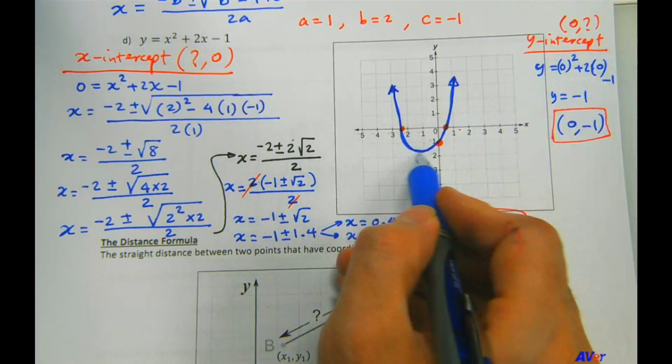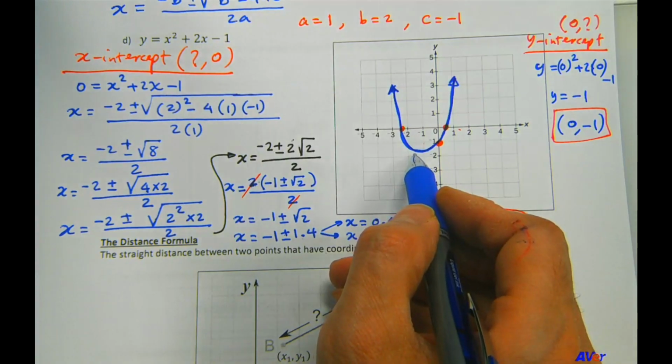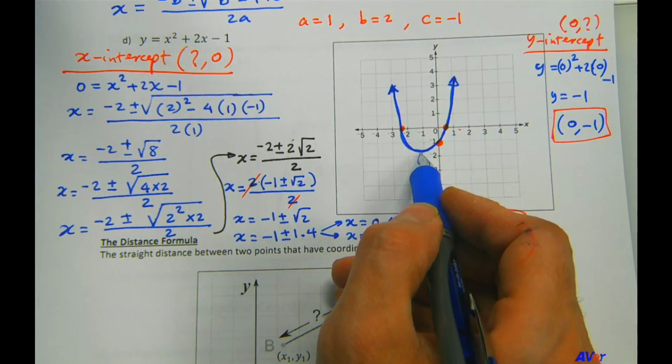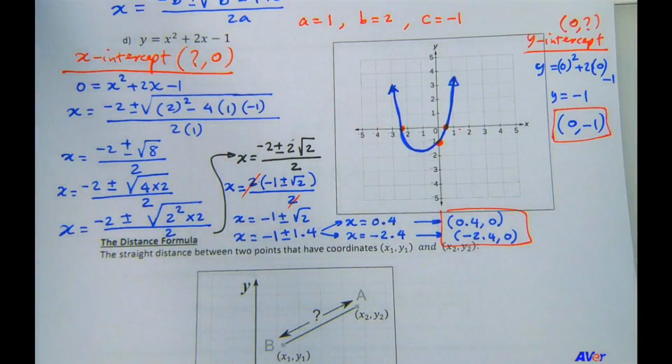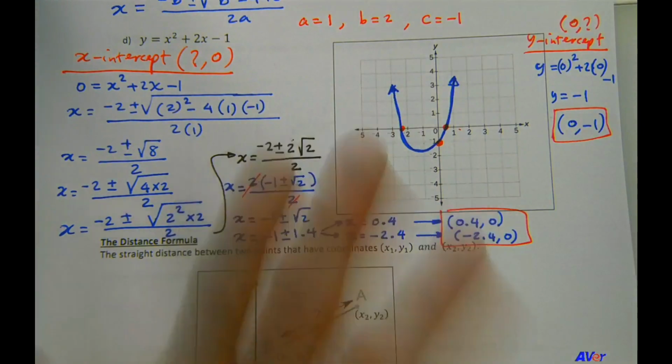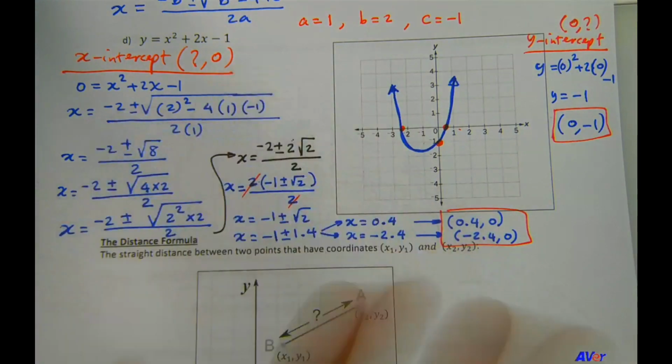But this point, we don't know. We can calculate it, but like I say, I don't want to talk about it because this section isn't yet talking about that topic. So I'm just going to leave it as a basic, roughly sketched graph.